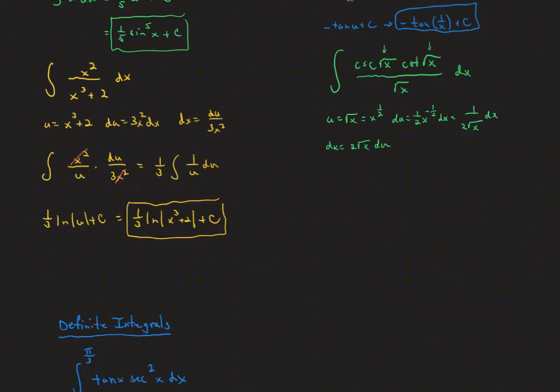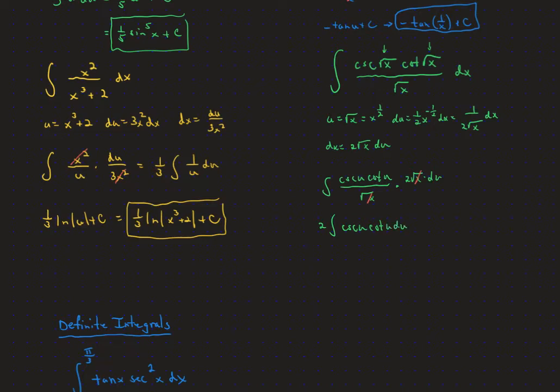Then our integral is going to become cosecant of u, cotangent of u. That square root of x in the denominator is going to be canceled with the 2 square root of x du, that is our dx. So that will take care of that extra square root of x. So now the 2 can get pulled all the way through, and our integral no longer has x's and u's mixed together, which is good.